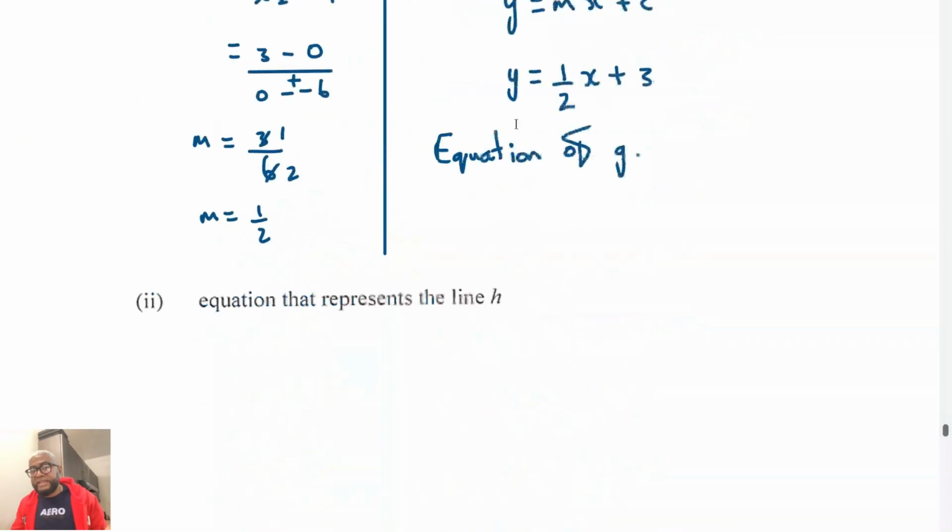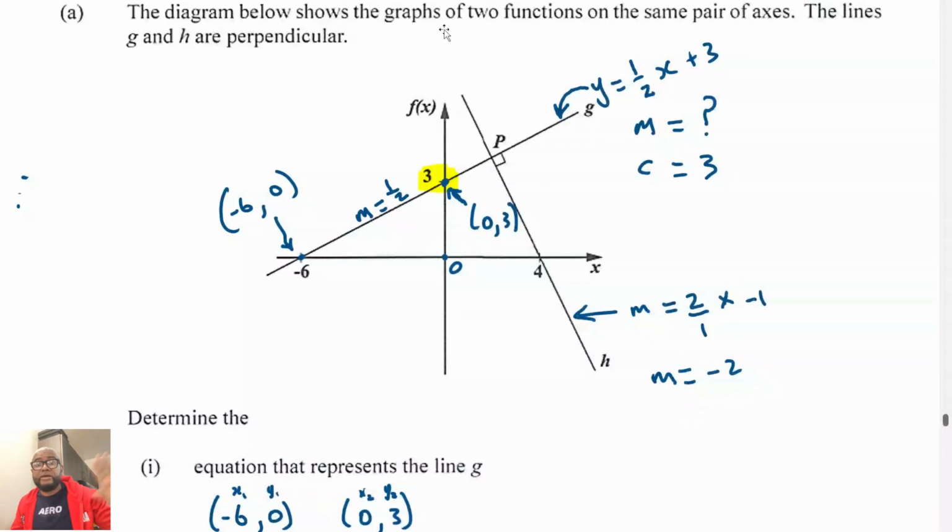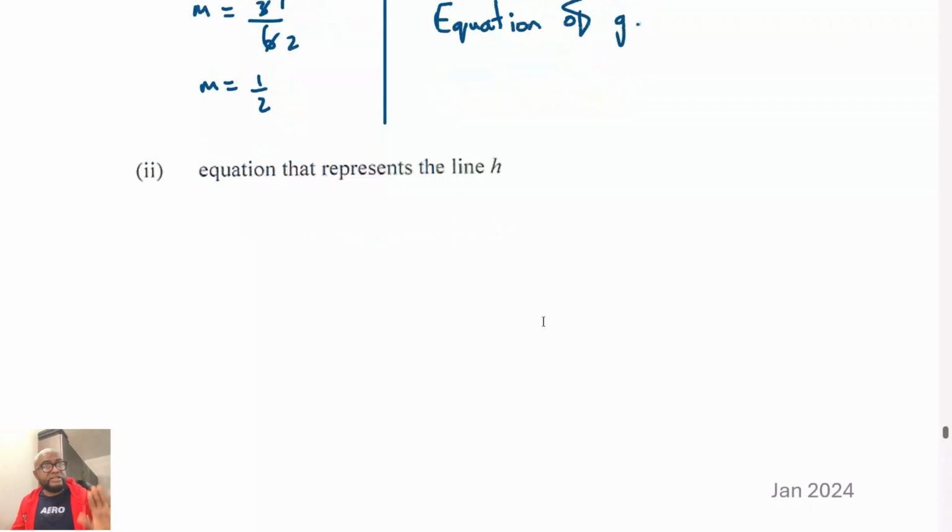Now, in order to find the equation of a line, if you don't have C, the y-intercept... For part 1, we had C, we had the y-intercept. Do we have any y-intercept for H? Do we have where the line cuts the y-axis? No. So here we could use the formula to find the equation. We have the gradient, which is -2.